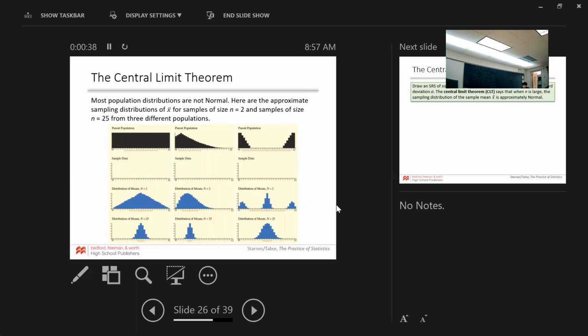So you take these means. If your sample size was size 2, and you plotted those means, what would happen? Well, this would be symmetric. This would take on the same shape, the skewness.